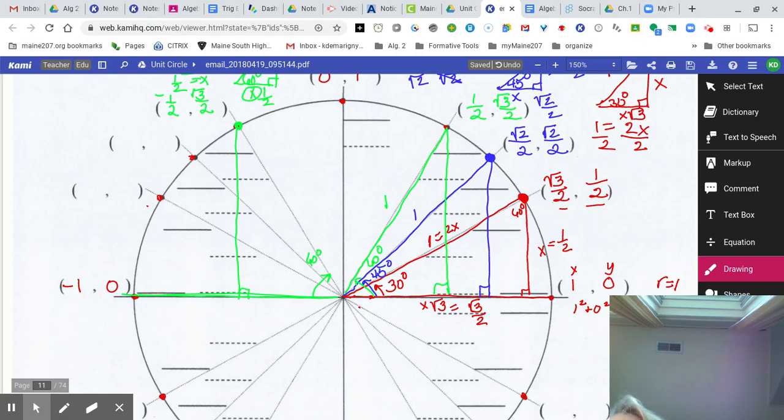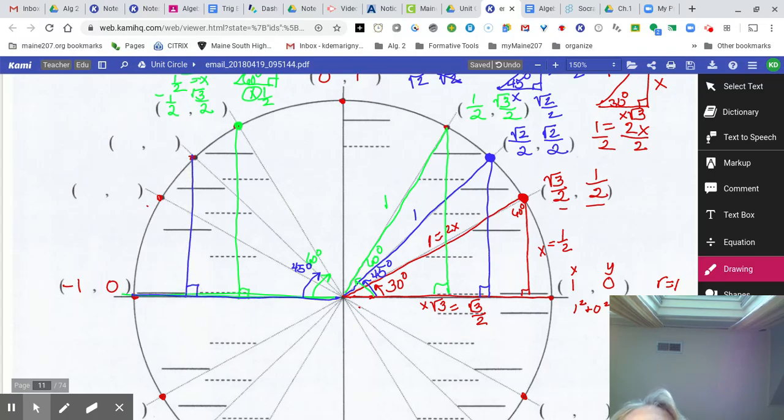I'm going to switch to the blue. So the next one that I have, if this is my initial and this is my terminal, I'm now at a 45-degree reference angle. Now, remember that I'm going backwards, so I'm going to show you the exact angles in just a second. But the reference triangle that I'm working with is a 45-degree one.